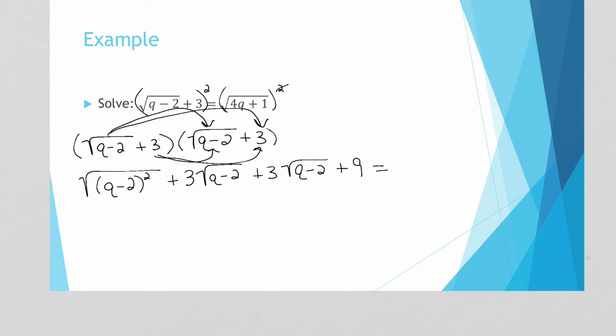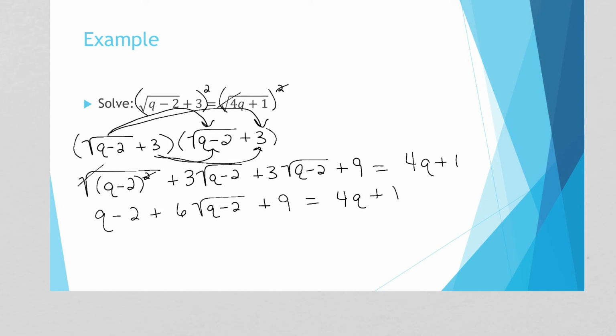Equals, remember this 2 just gets rid of that radical, so I'm left with 4q plus 1 on the right. All right, that's the easy one. All right, so this 2 and this radical go away, so I'm left with q minus 2 plus 6 times the square root of q minus 2 plus 9 is equal to 4q plus 1.